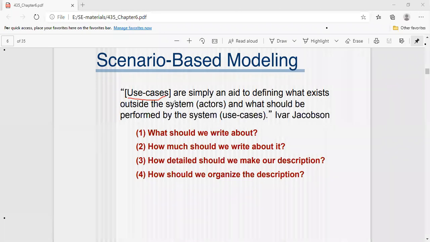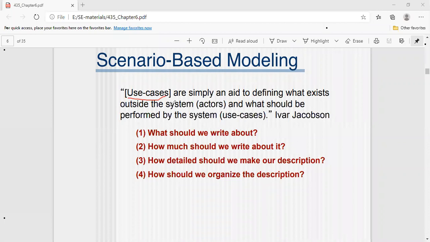We have seen one example in yesterday's class. That example is about the ATM machine. There we saw one customer, one actor symbol.